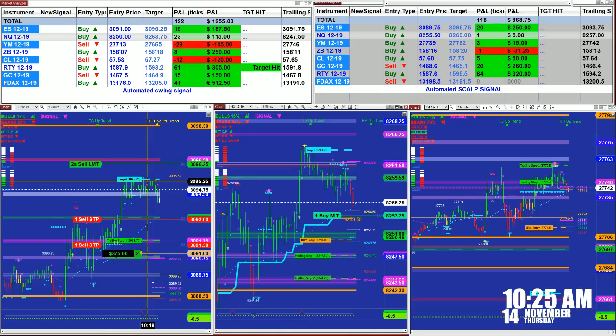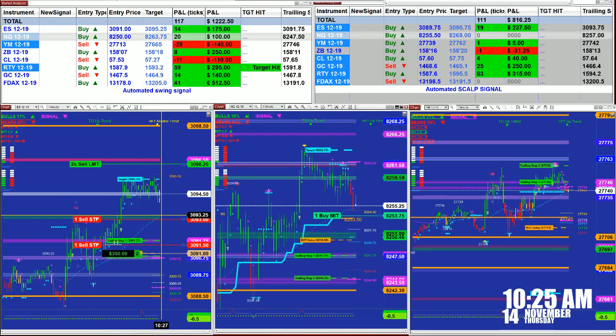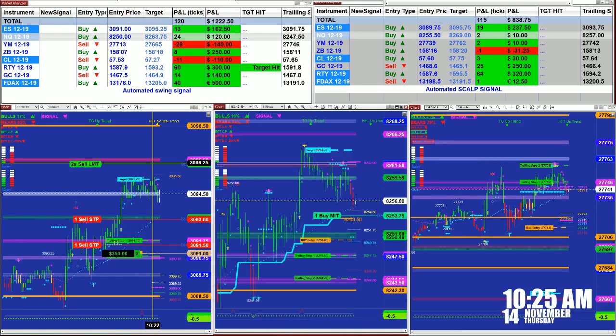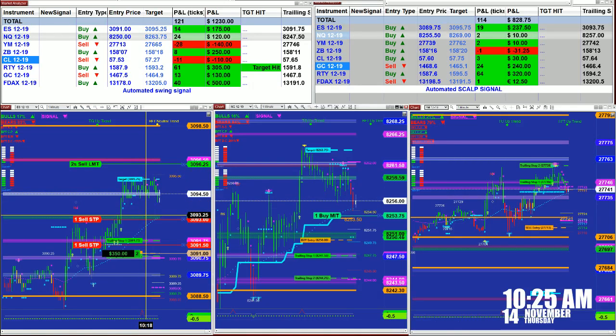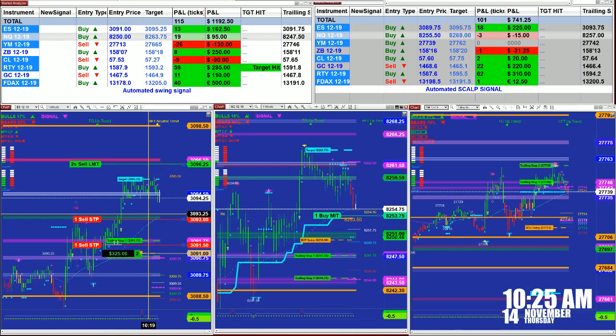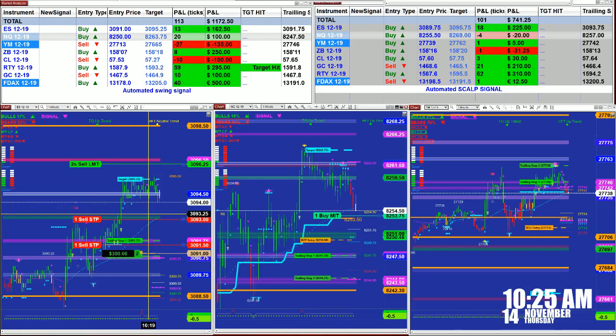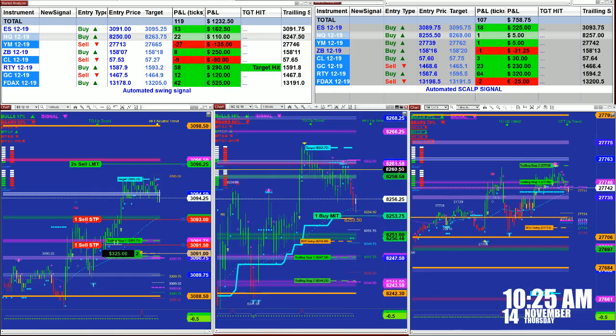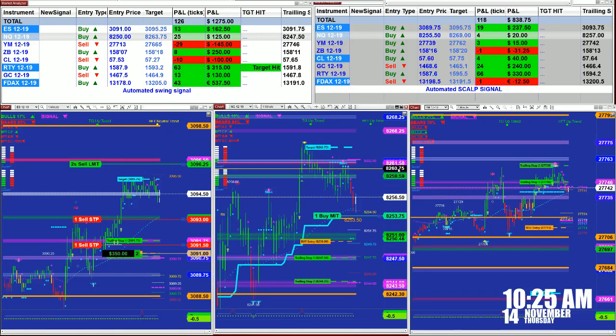And I know my destination on this reversal. It is from that area or that area to this area here only. So I know exactly where I can enter and where my destination is on that trade. So there we go. If we look at the Nasdaq, it's coming to the 53.75 level.